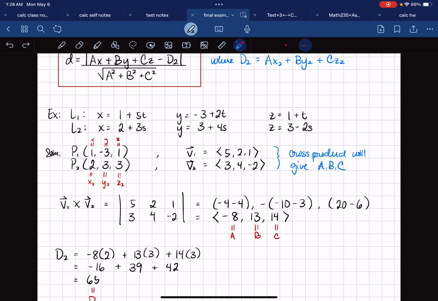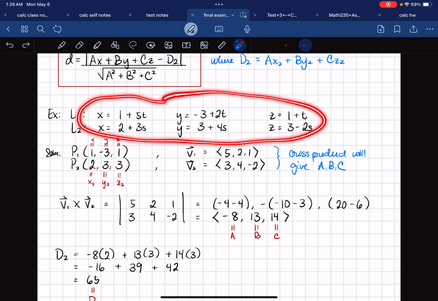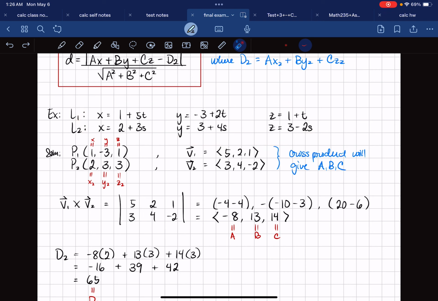First of all, we're going to transform these parametric equations into points. And those points are just these right here.